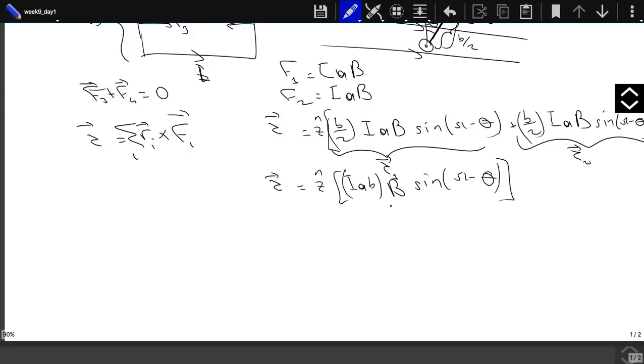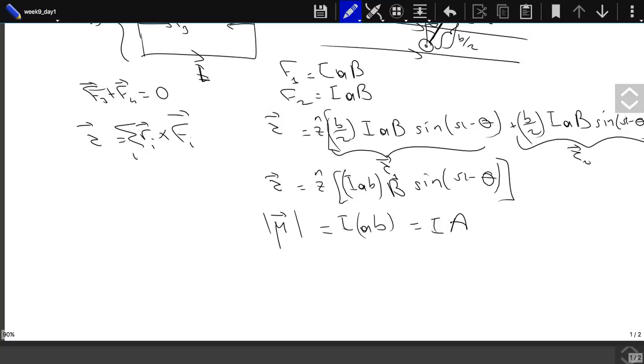We say that we define a vector. You see, this is our torque expression. Now we define a vector we call the mu vector, whose magnitude is I times AB, or I times the area. AB is just the area of this rectangular loop.